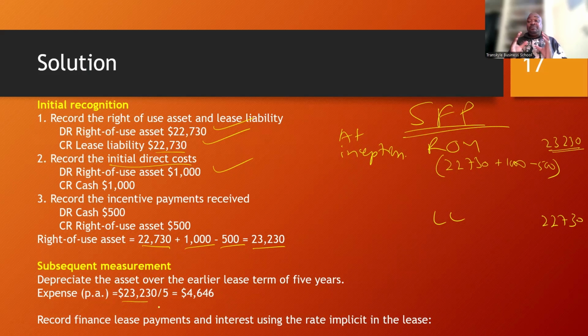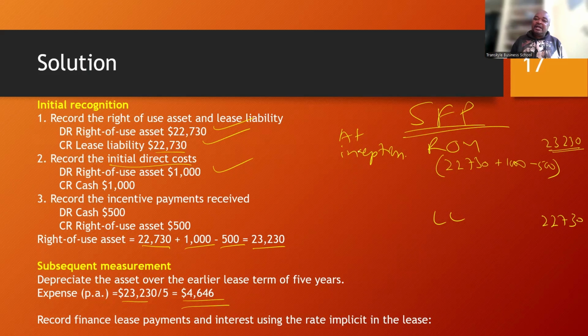For depreciation purposes, the period would be the earlier of the lease term and the useful life of the asset. So the earlier of the two. The useful life is 6 years, but the lease term is 5 years. So we are going to take the earlier, which is the lease term of 5 years, and we charge depreciation of that amount.